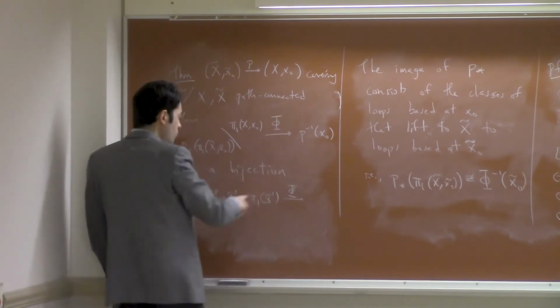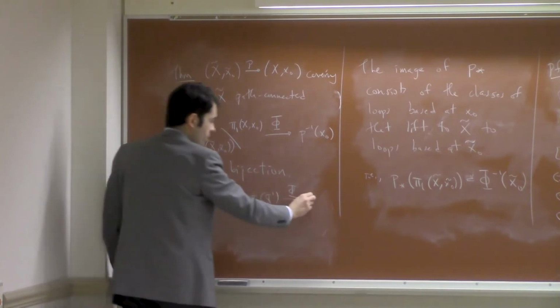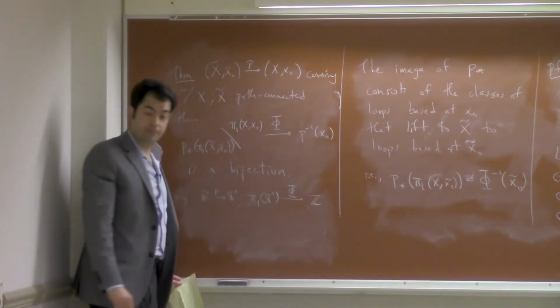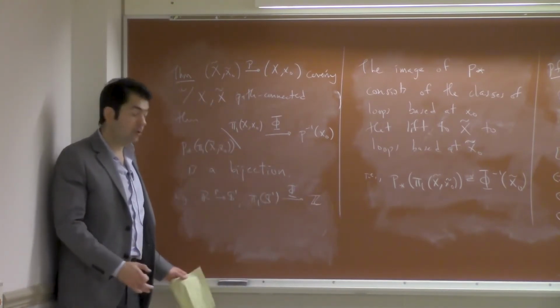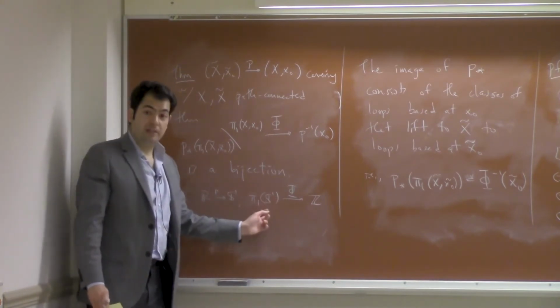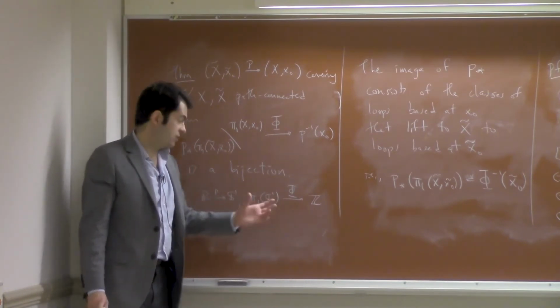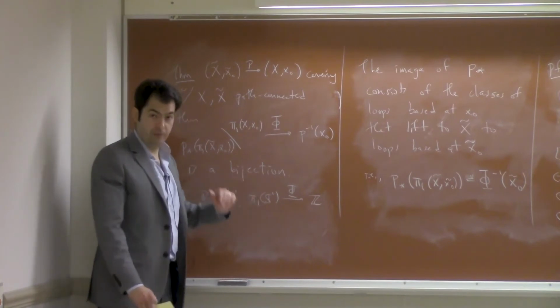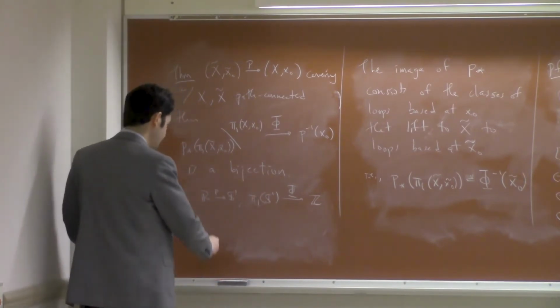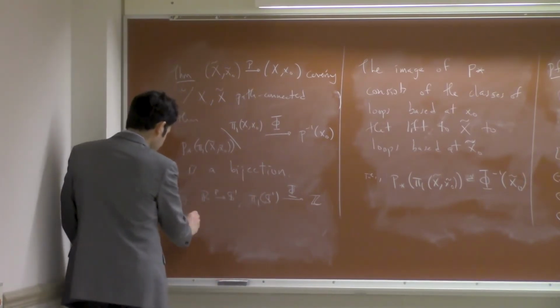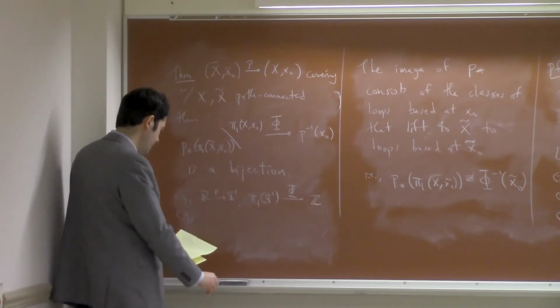The inverse image of a point was the integers. So we proved before that actually in this case, this is not only a bijection, it's actually a group isomorphism. That was the proof, the computation of the fundamental group then.